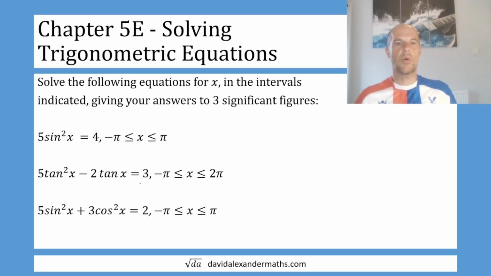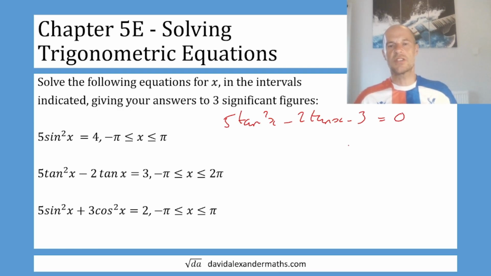So what we're going to do here is rewrite this as 5 tan squared x take away 2 tan x minus 3 equals 0. Okay, so what we've got here is a quadratic. So let's just pretend, forget all the tans, that it was 5x squared take away 2x take away 3 equals 0.